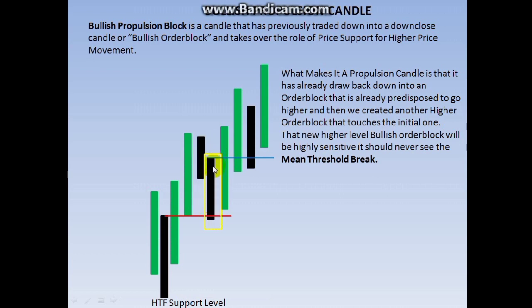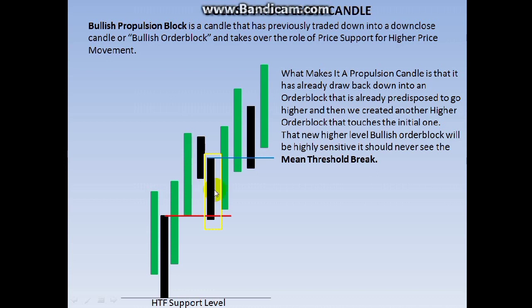So the candle that trades back into a previous bullish order block is referred to as a proportion candle. Now that new higher level bullish order block will be highly sensitive, and it should never see the mean threshold break.